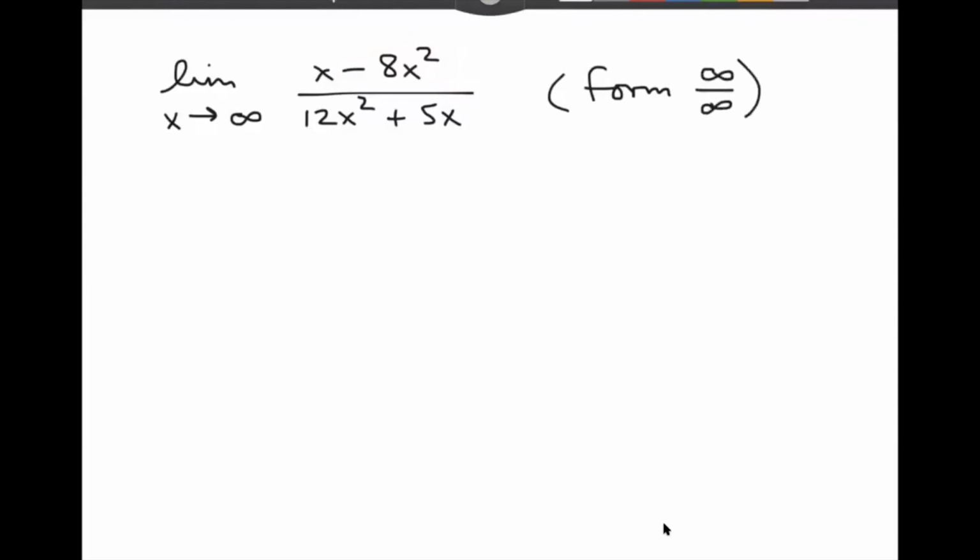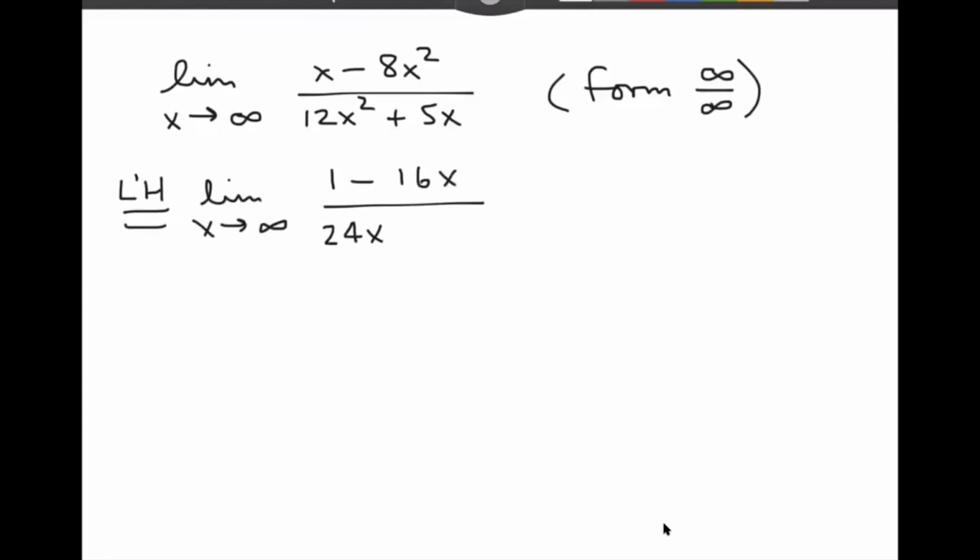Okay, so using L'Hopital's rule, the derivative of x minus 8x squared is 1 minus 16x. And the derivative of 12x squared plus 5x is 24x plus 5.